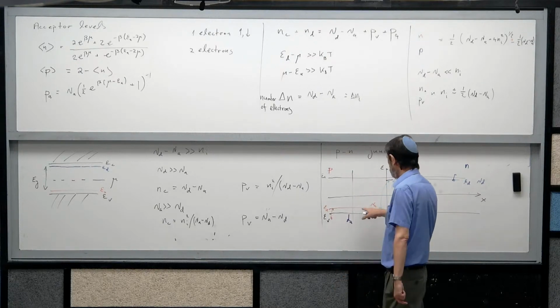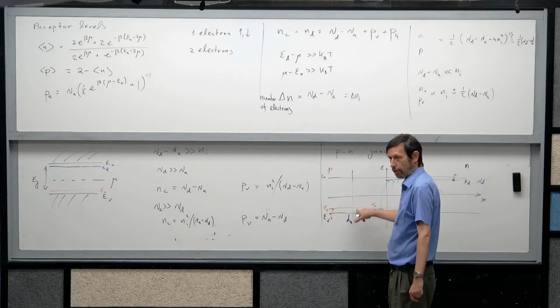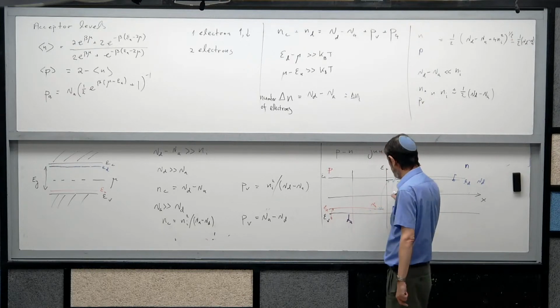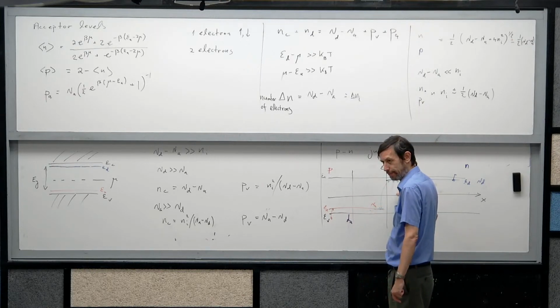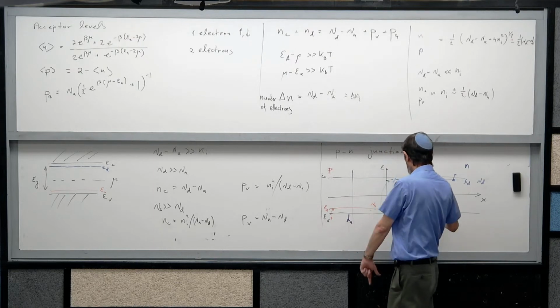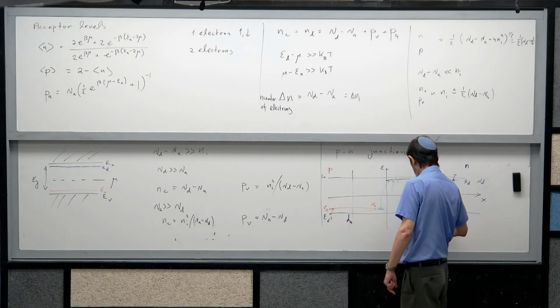I'll start already to see charge accumulating on the acceptor levels, not from here, but from here. I'll get to the boundary.